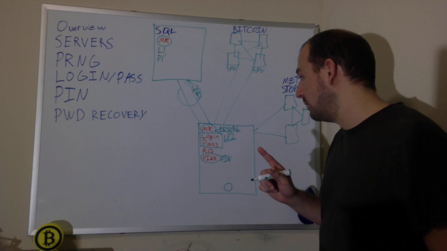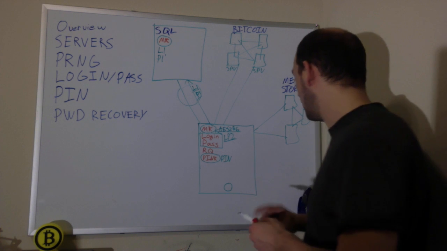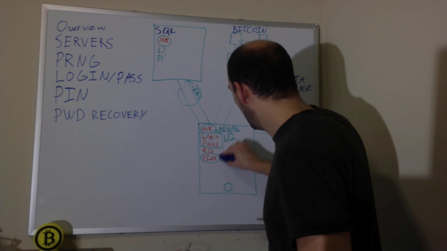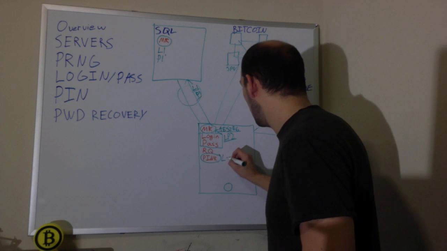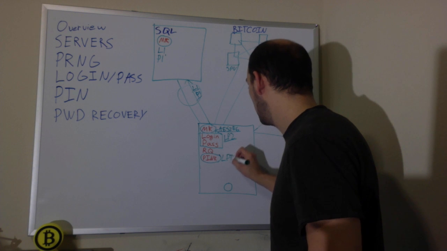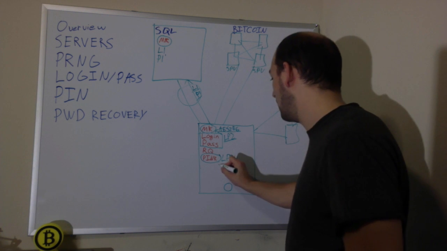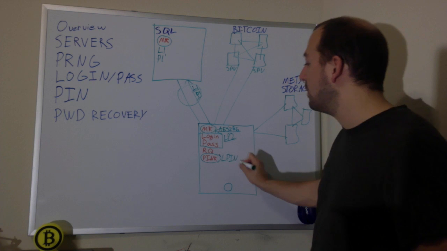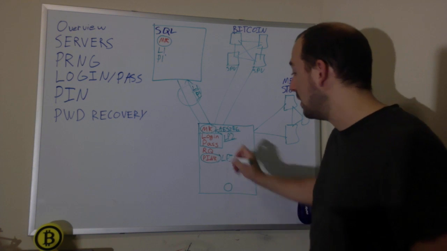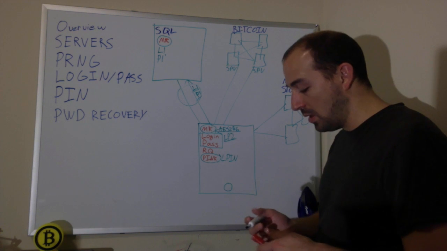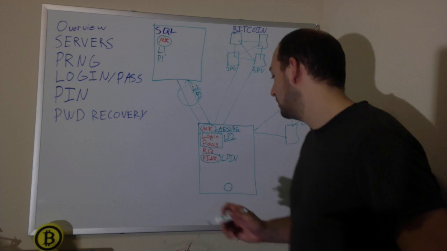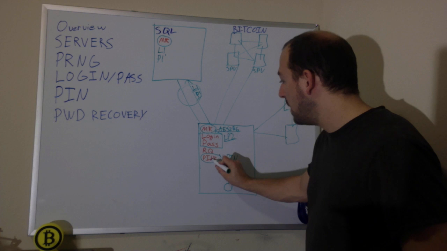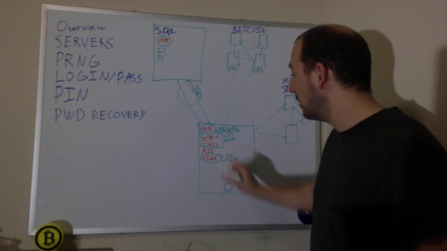So that's not quite right. It's going to be encrypted with the login plus the PIN number, and a hash of the login and PIN is going to be the encryption key for this.